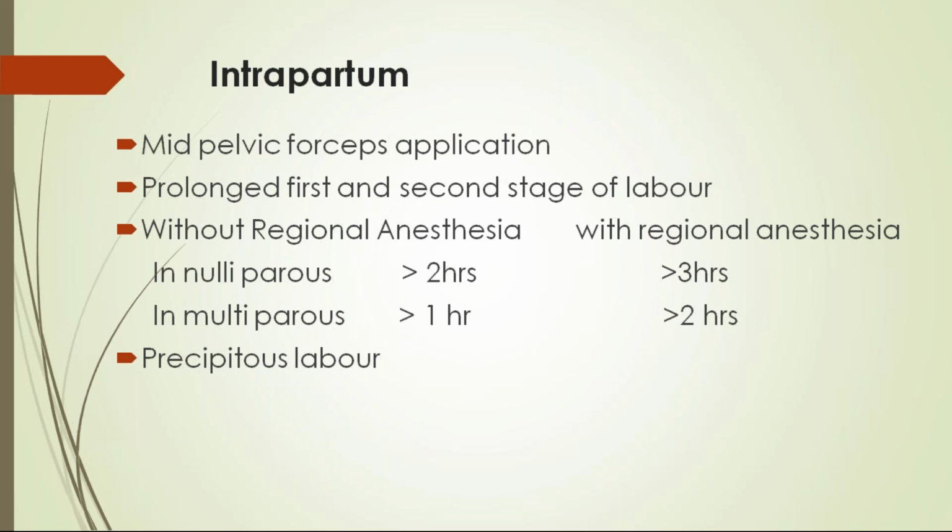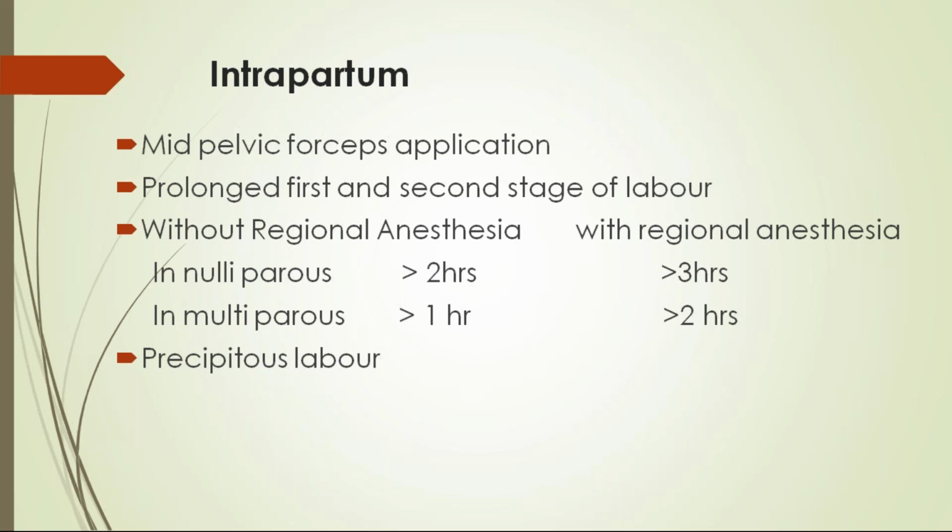Another intrapartum risk factor is prolonged first and second stage of labor. When we call it a prolonged second stage of labor is different in different conditions, without regional anesthesia and with regional anesthesia. Regional anesthesia means for pain relief. Nowadays, painless deliveries are increasing, where we give epidural analgesia to the mother in the first stage of labor.